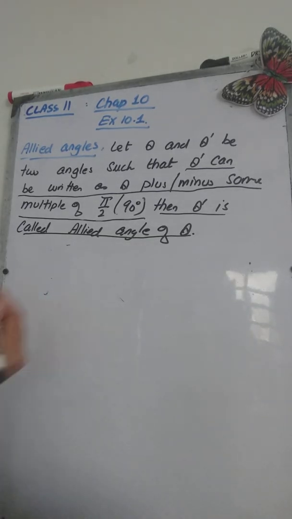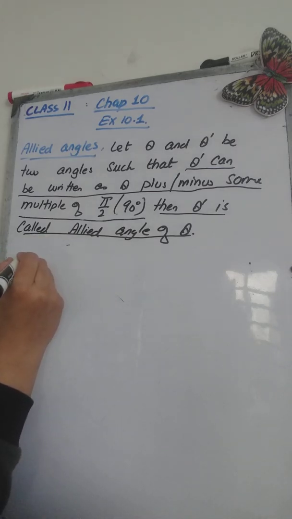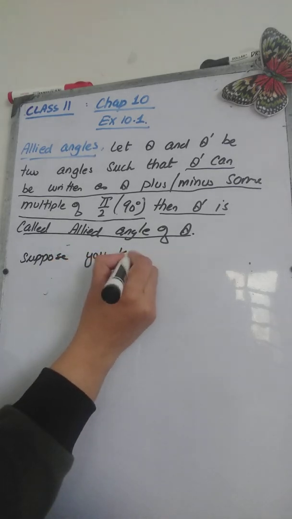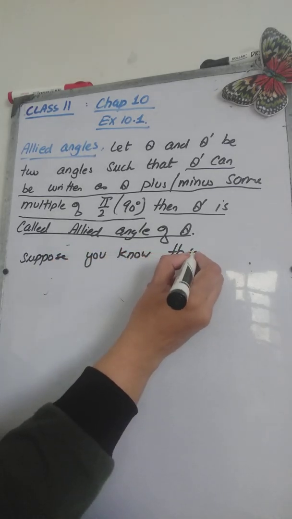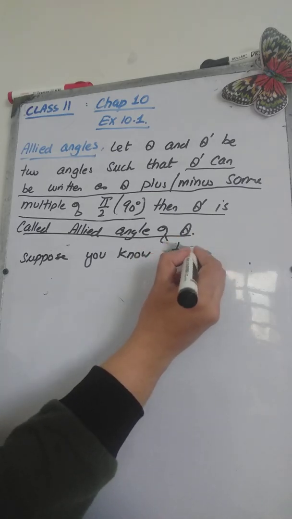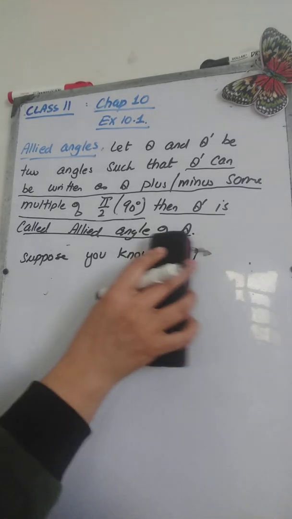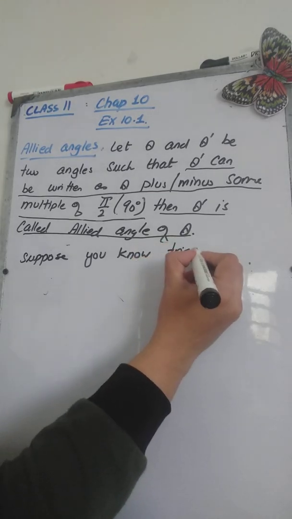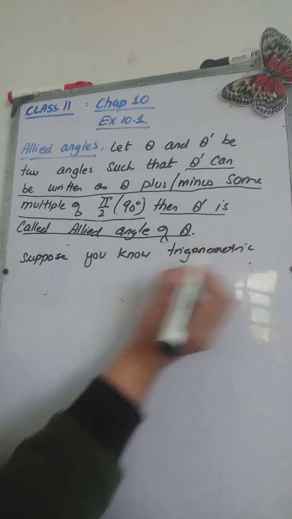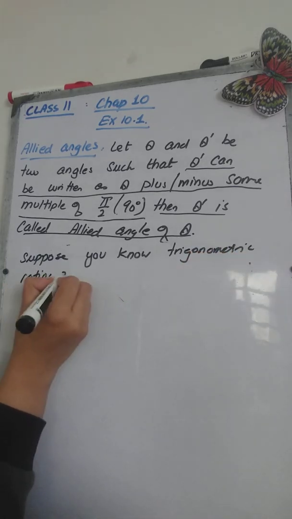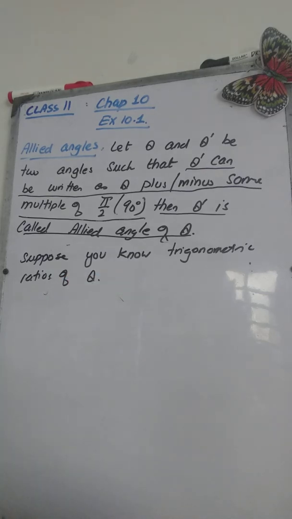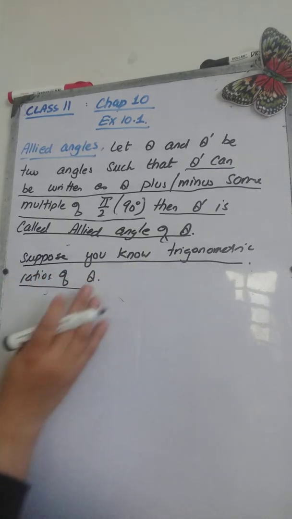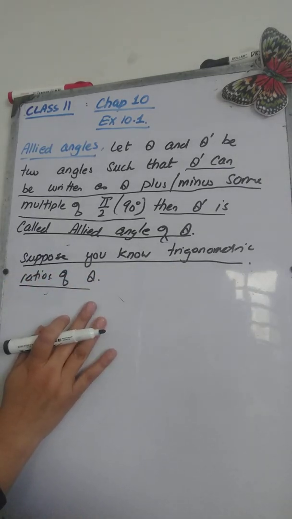Suppose you know the trigonometric ratios of theta. It means we know the sine, cosine, tangent, cotangent, cosecant and secant.